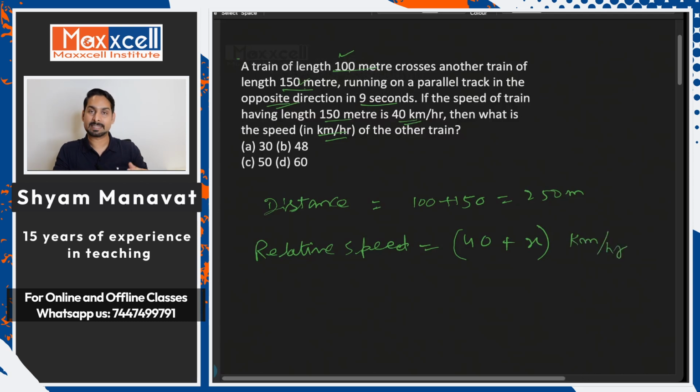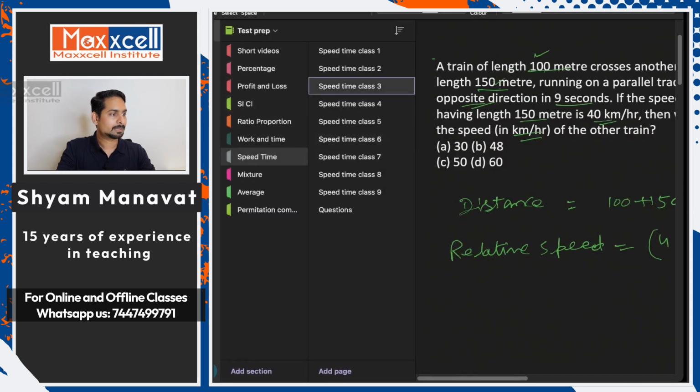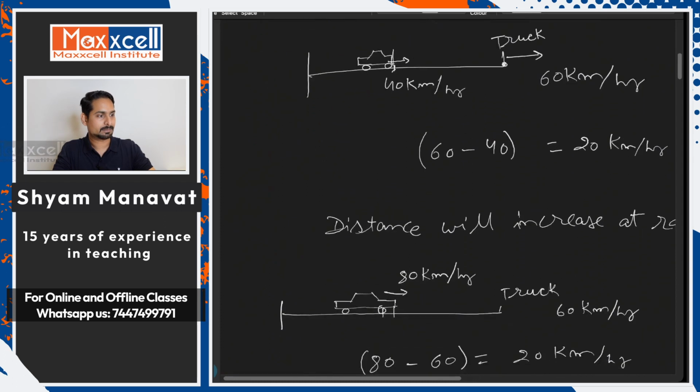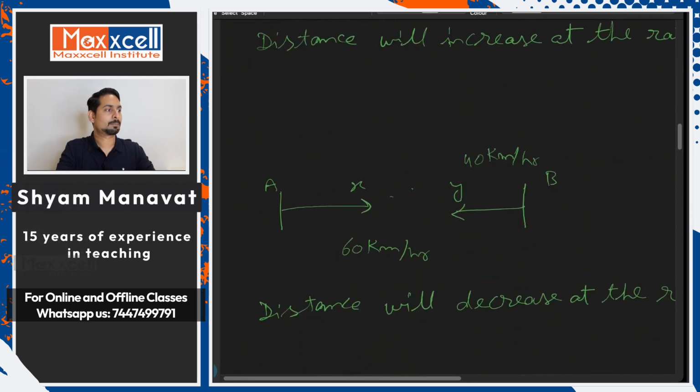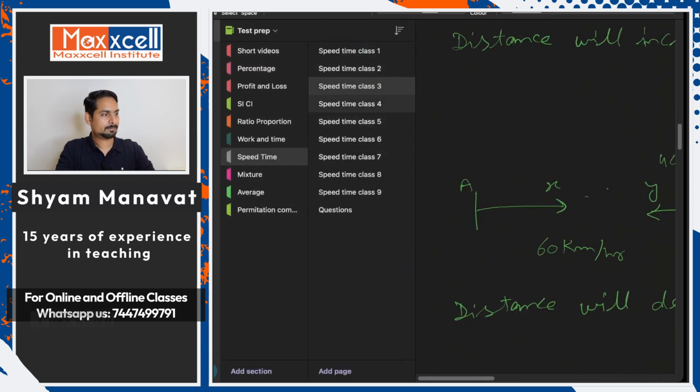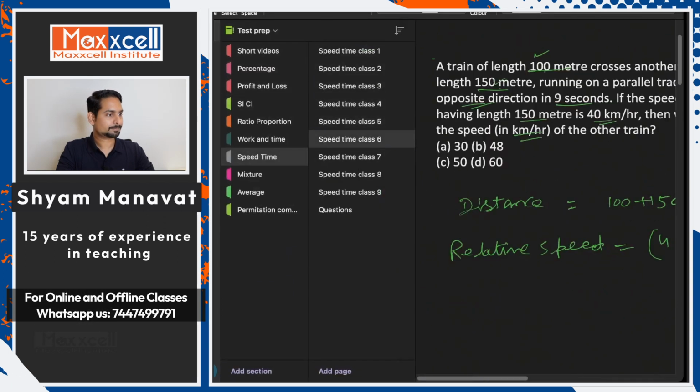As trains are moving in the opposite direction, the relative speed will be 40 plus x. Remember lecture number 3, relative speed: moving in the opposite direction, plus.